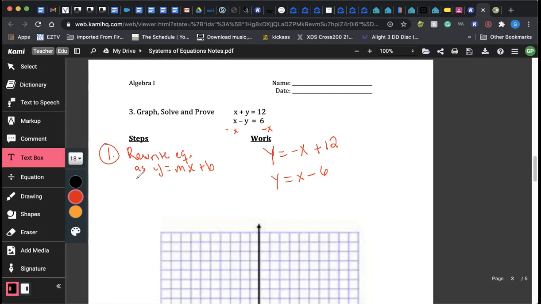Now that you have your two equations, you're going to use your intercept and your slope to graph the lines.